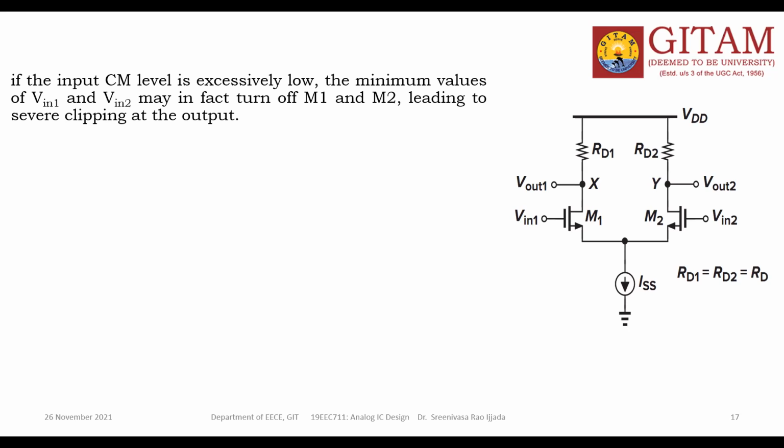Whenever a sufficient input common mode value is not carried by the input signal, then there is no guarantee whether the two transistors are in the on position. To avoid that situation, we take this one. Otherwise, we will get the output signal in the form of clipping.